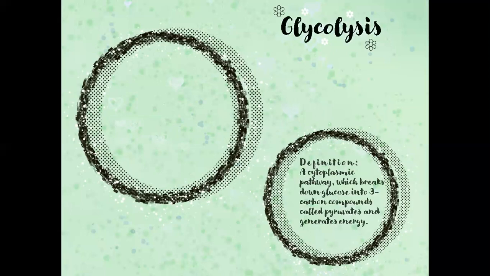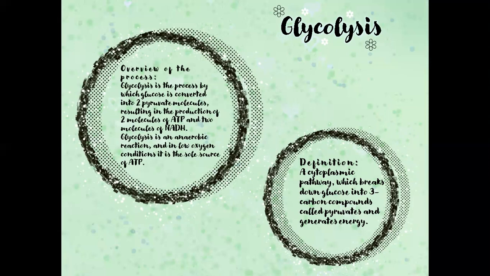Now, let's move on to the definition of glycolysis. Glycolysis is a cytoplasmic pathway, which means it takes place within the cytoplasm, which breaks down glucose into three carbon compounds called pyruvates and generates energy. An overview of the process.